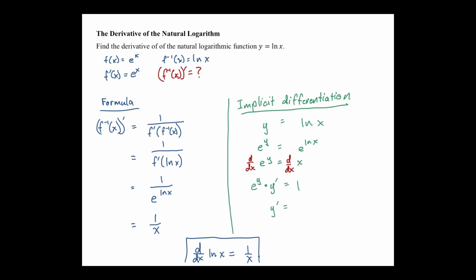This is the same method we did in the last chapter. We have 1 over e to the y. Oh, y is what we have right up here in the original. What is y? It's ln of x. So this is 1 over e to the ln of x. And just like before, we cancel and we get 1 over x. So we now know the derivative of ln of x is 1 over x.